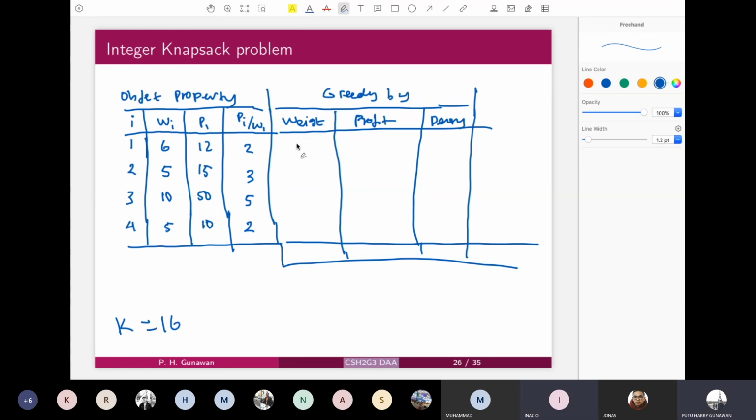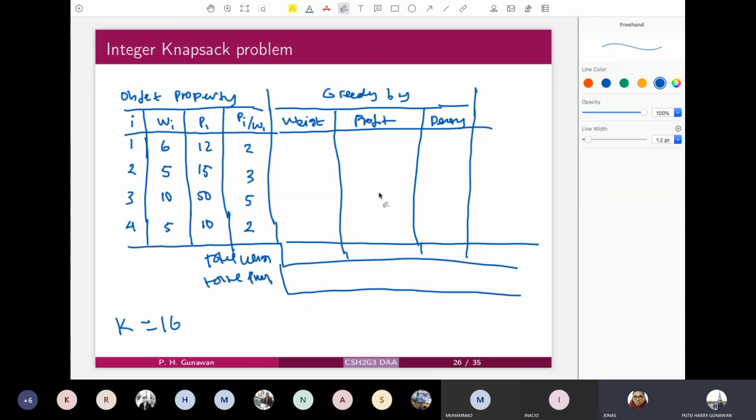So greedy by weight is like you greedy to find the maximum items, and then you expect that with the maximum items you take, you get the maximum profit. This is total weight, and this is total profit.